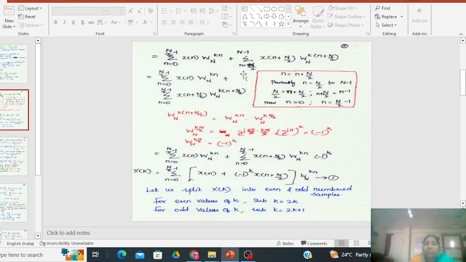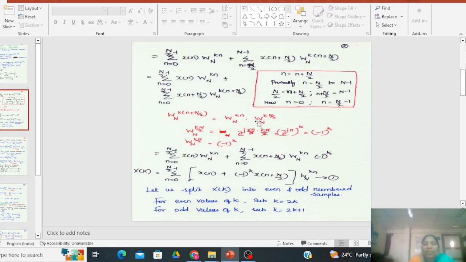Next, when we use the assumption n equal to n plus N by 2, wherever you have n, in this place we have to substitute it. That's why we have replaced it with n plus N by 2 in this place and in this place also. Next we have to simplify the twiddle factor W_N power k of n plus N by 2. This we can write as W_N power kn into W_N power kN by 2.